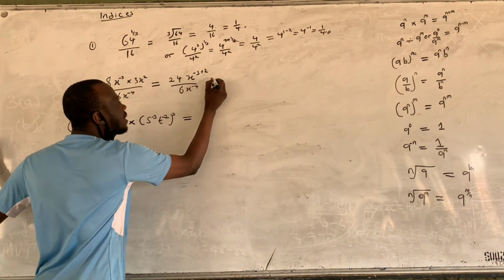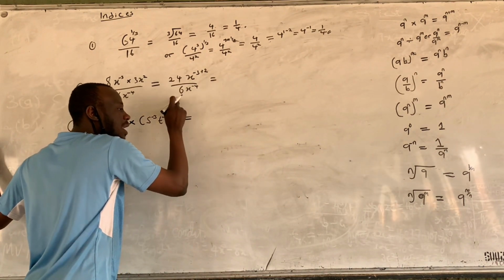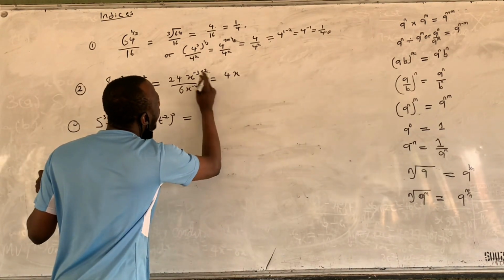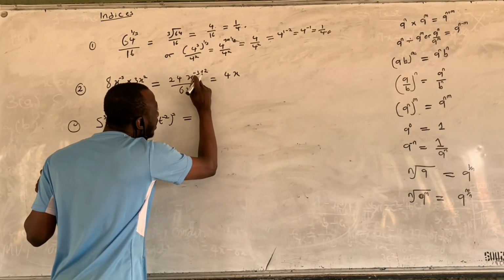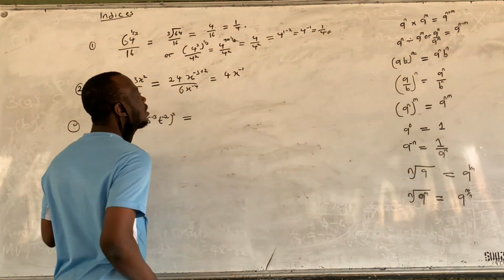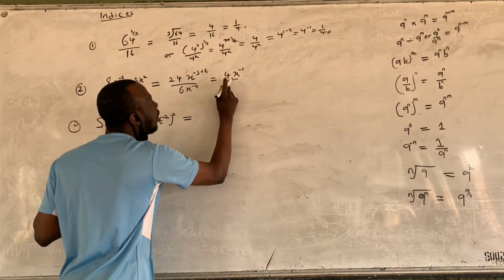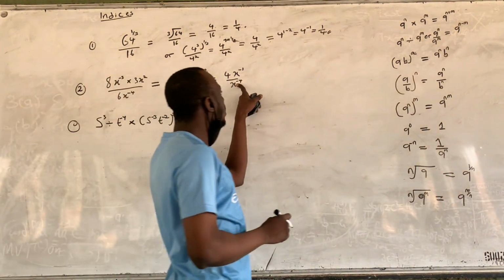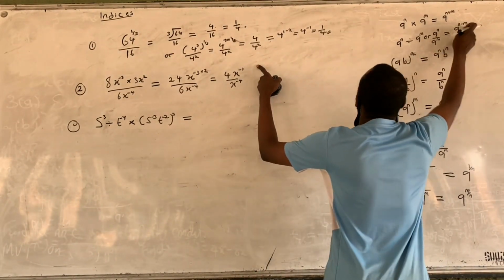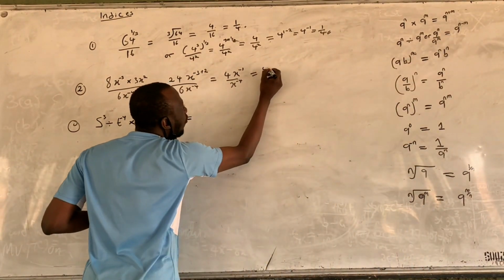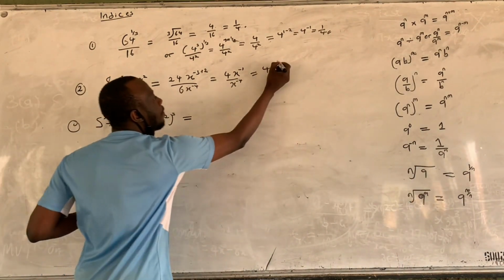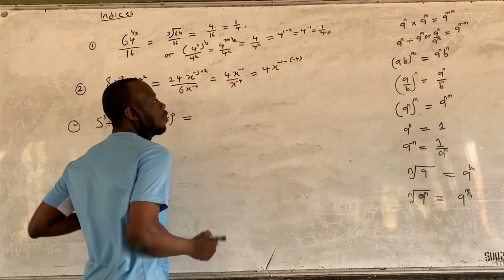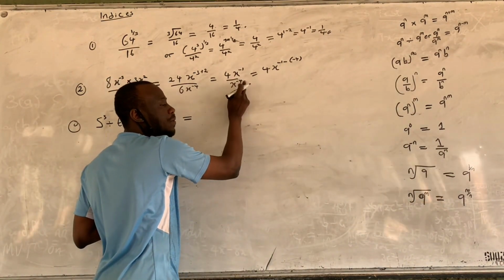So 24 divided by 6 is 4. We have x to the power of minus 3 plus 2, which is minus 1, all over x to the power of minus 4. Now the 4 comes here, and we subtract the powers since there is a division between them.